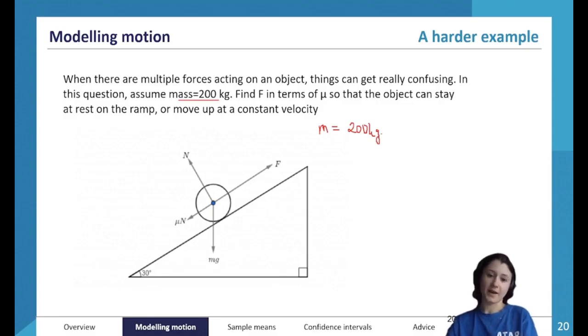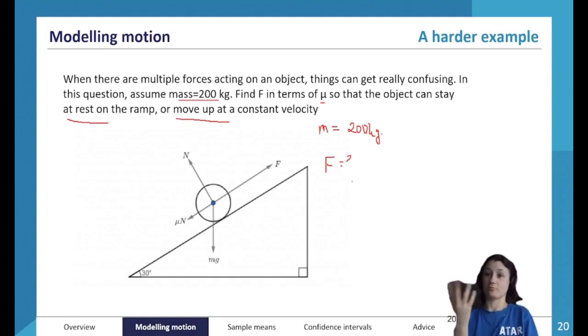We need to find F in terms of mu, so that the object can stay at rest on the ramp, or move up at a constant velocity. So, we need to find F in terms of mu, so all that's asking us is find an equation where you have F on one side, and on the other side you have a few constant numbers like 1, 2, 3 kind of thing, and mu.